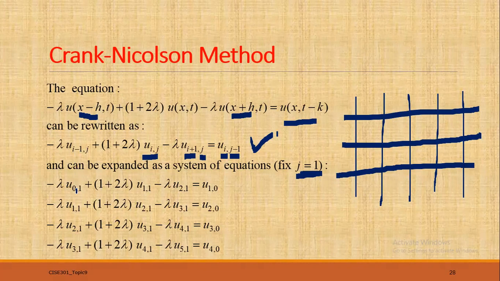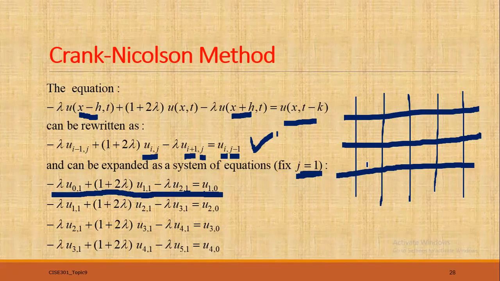So we have the nodes 0,1; 1,1; 2,1; and 1,0. When j is fixed and i changes, we get the first equation. That means we get the values on these nodes, 1, 2, 3, and then this node.